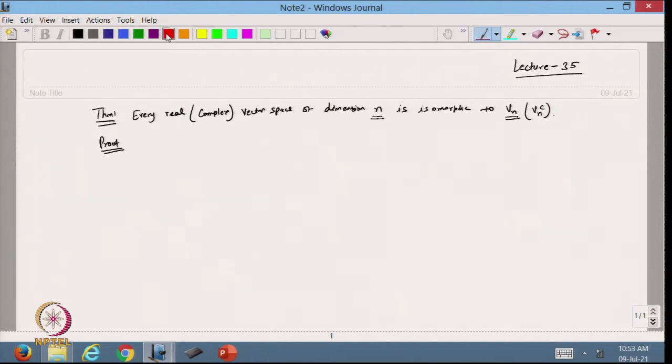Now for this, let U be a vector space of dimension n.